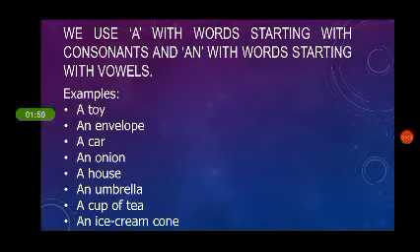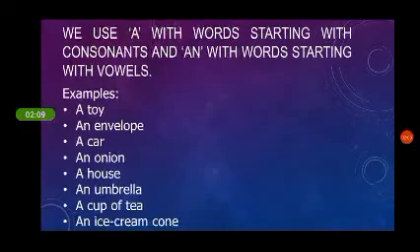If you look at the list of words that we have here, you will see that a is used with the ones that start with consonants, and an is used with the ones that start with vowels. But then there are exceptions. Let us take a look at these exceptions one after the other.